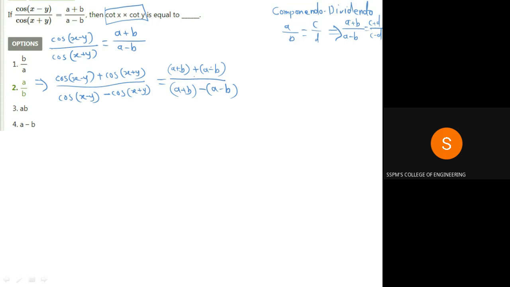So how can we write this now? There is a property here. I will write it.